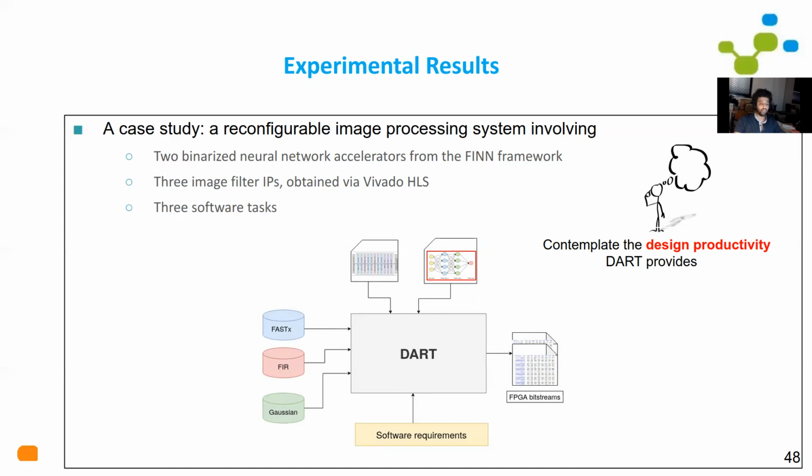They can be obtained from HLS or RTL implementations. And they also brought in the software requirements. Then with just a single button click, Dart is able to automate the full process of the DPR flow and generate the final bitstreams of the design. The designer doesn't have to know anything about FPGAs, but they can fully utilize FPGAs and DPR at the same time. This is the level of productivity provided by Dart.